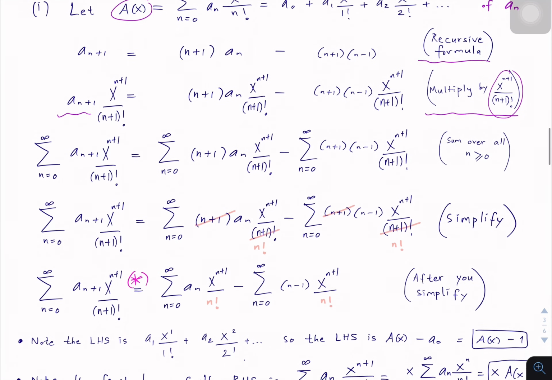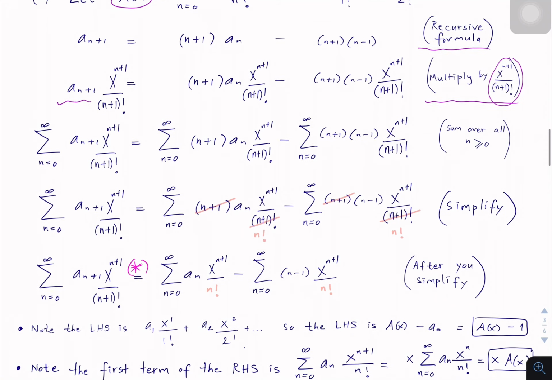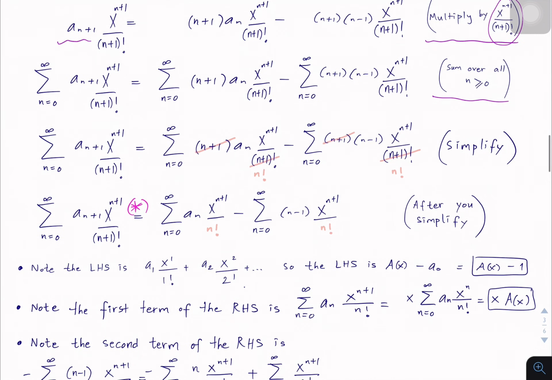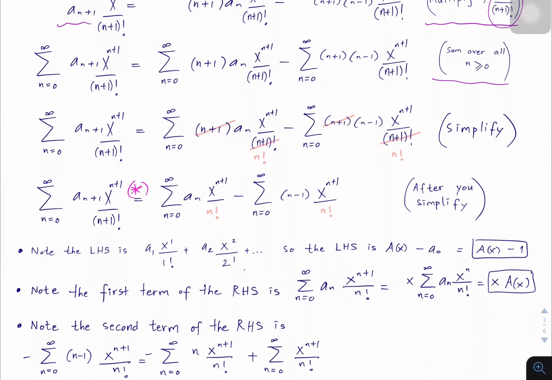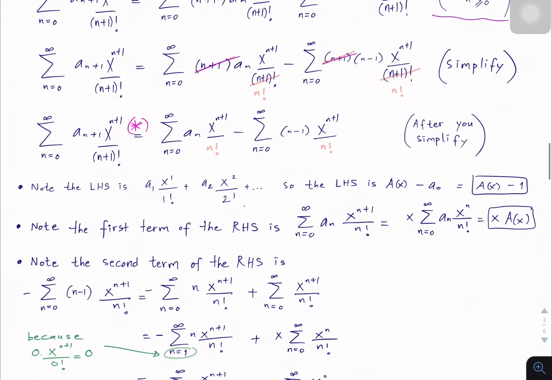Then, like we've done in the past for ordinary generating functions, I will take the sum over all n, and then do some simplification here, cancelling out the n plus 1. After you simplify, you get this, and I have marked this with a star because we will use this later.